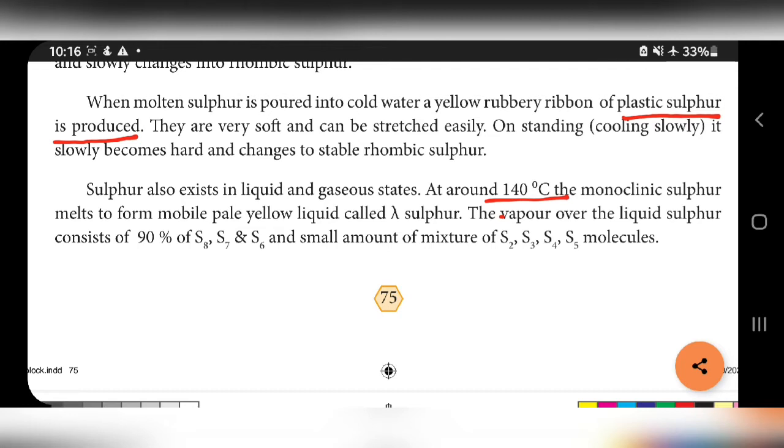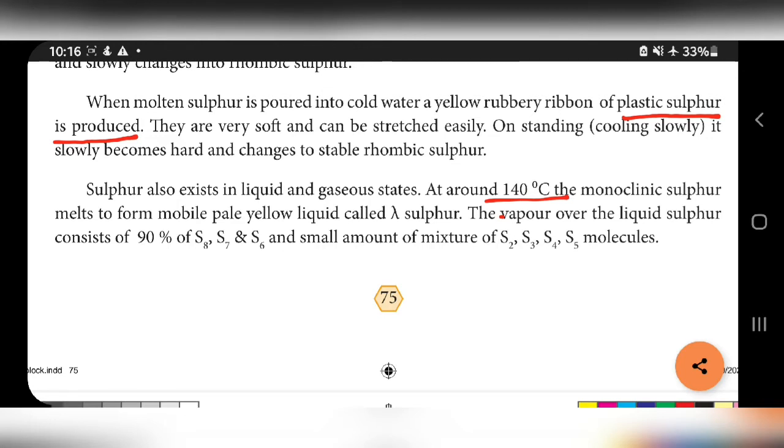Now another new term is lambda sulfur: the liquid state is called lambda sulfur.